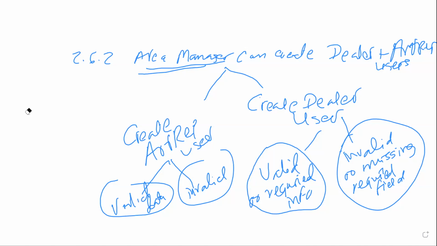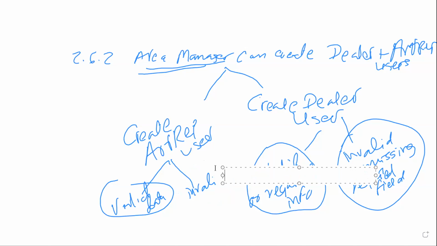Dilip, anything else? Do you have any other thoughts here as far as the scenarios? No, I think those are the 4 basic scenarios that they need to think through for this one. Okay, so what can be the negative scenario? This would become a negative, right? So think of it this way, Juan. The 2 positive scenarios are where you're putting in all of the required information.